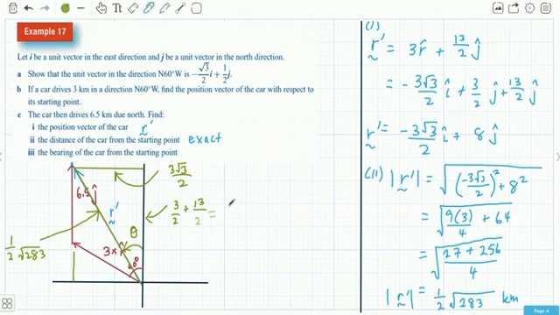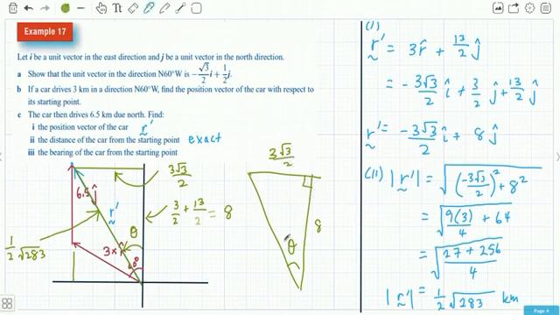Remember that we found that to be 8. So we know that this length here is 8. So effectively, we could work with this triangle. 8, 3 root 3 over 2. It's a right angle triangle, and this hypotenuse is really ugly, so it's probably better not to work with that hypotenuse. So let's work with what we have.